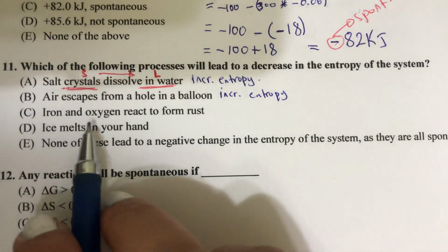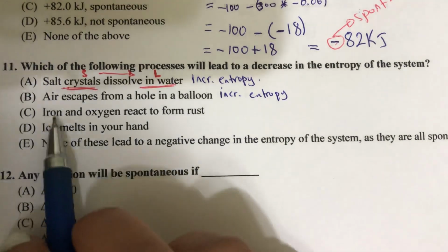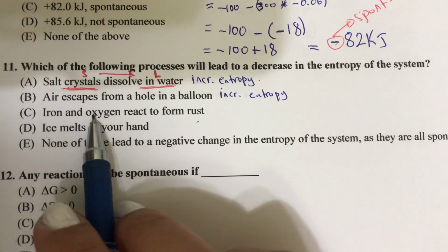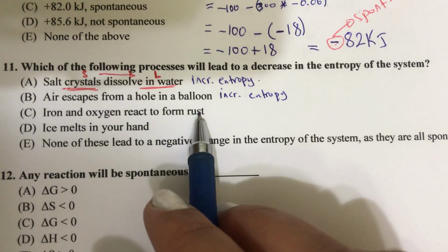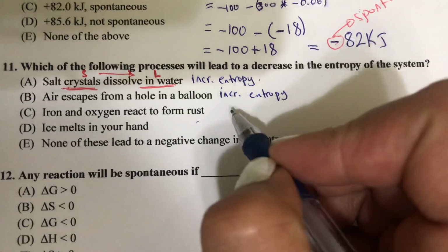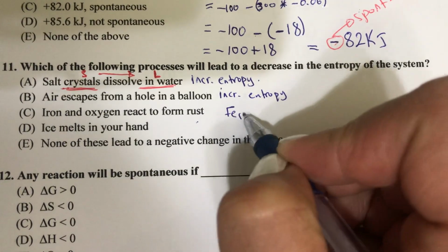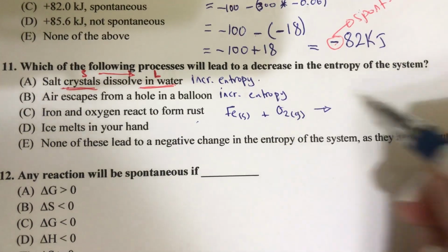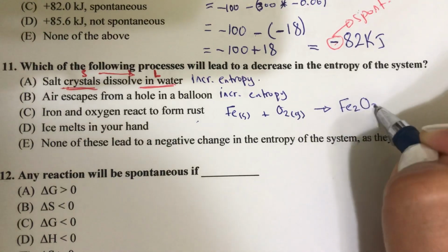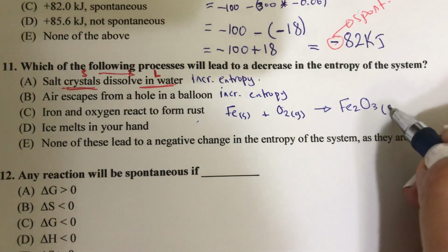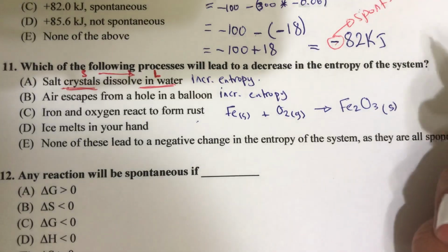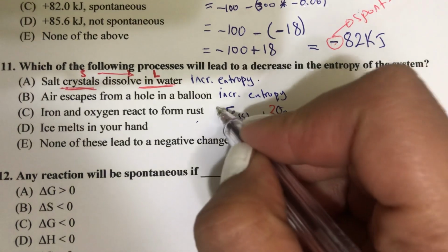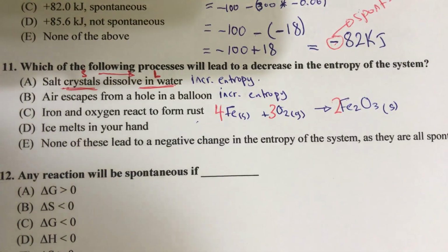Now see, iron and oxygen react to form rust. Here you have two substances producing one substance. The state of iron is solid, plus oxygen, a gas, to produce rust, iron oxide, which is a solid. If you balance the equation, here by 2, by 3, and here by 4.